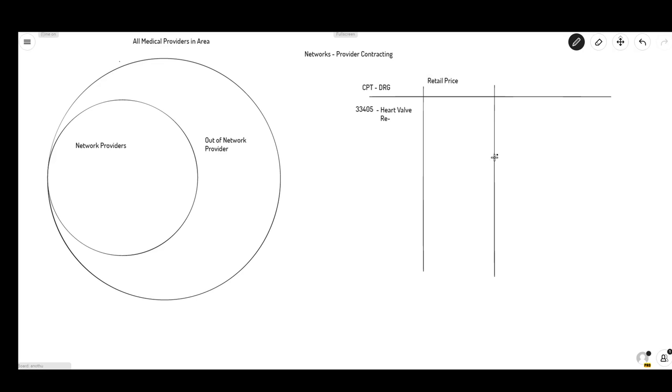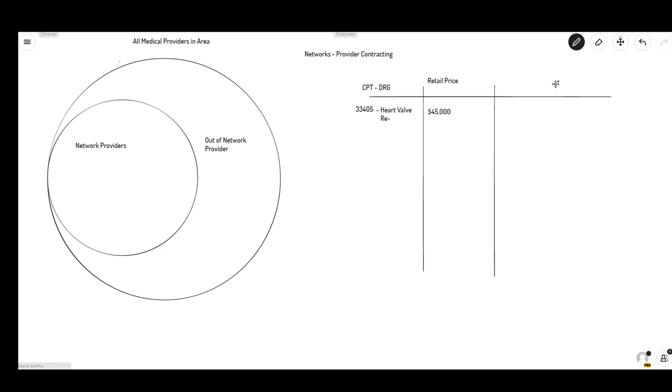All we mean by that is they've picked some amount of money that they decided that, regardless of whether there's an insurance contract, or at least where there is not an insurance contract, this is how much we would charge a person for us performing that service for them. I'm making up a number here. I don't know what this actually costs, but we'll say that it costs $45,000. The medical provider just said, this is what I charge.